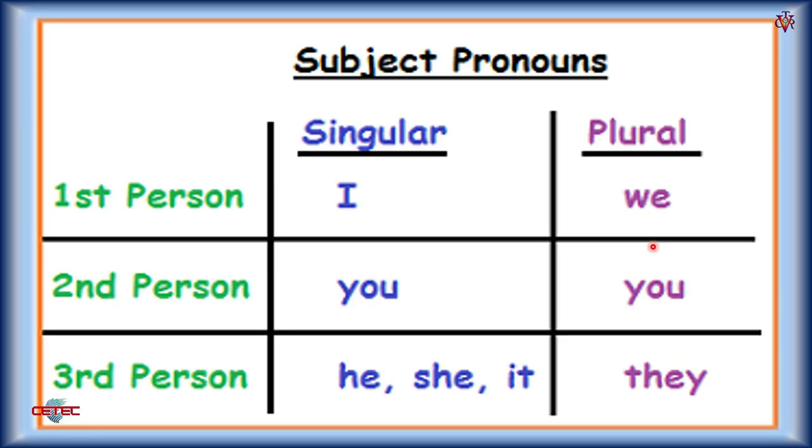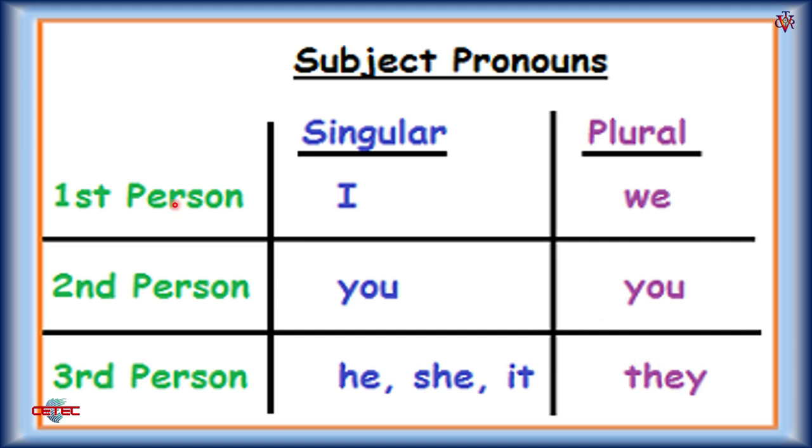Our subject pronouns in the first person singular: I. Second person, you, and in plural, you. Third person, he, she, it, and in plural, they.